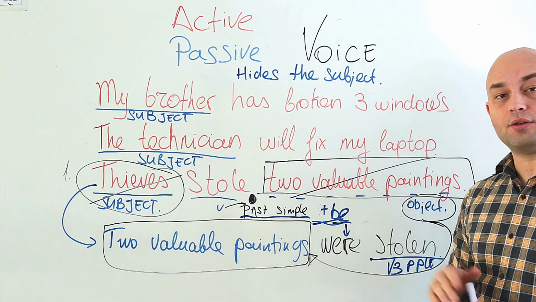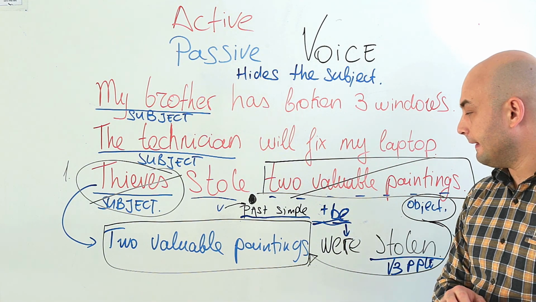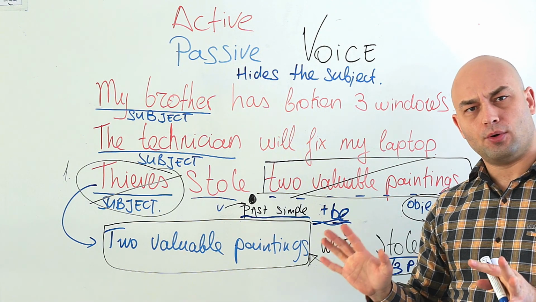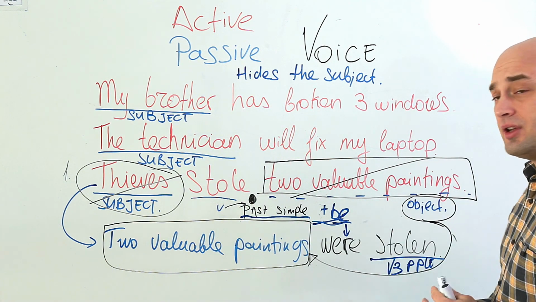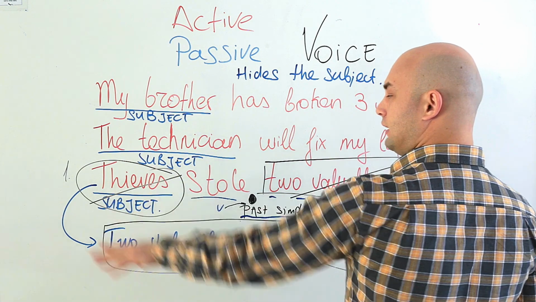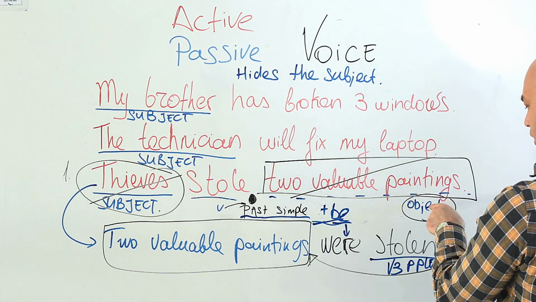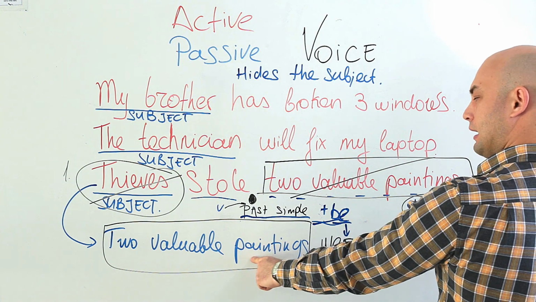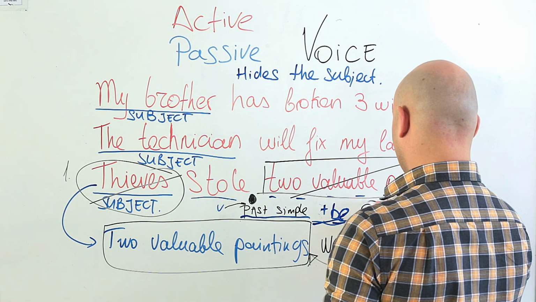So let's stop for a second. Let's have a short pause and think about what happened. Step number 1, we took "thieves" away. Step number 2, we went to the object and we placed it there. Step number 3, we'll write a big 3 here.